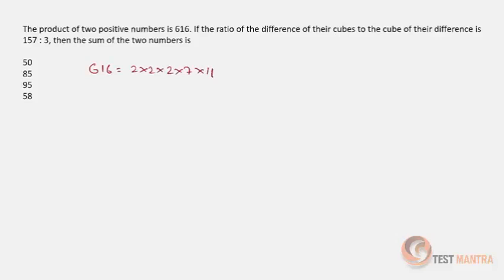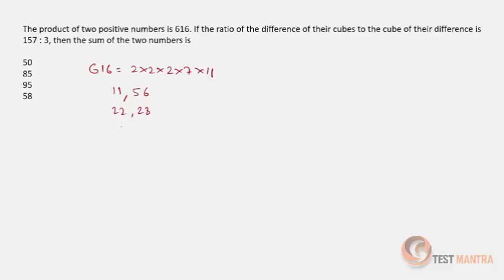So what are the possibilities? Suppose if I'm talking about the possibilities, the numbers can be written as, let's keep these values together, 11 and 56, right? Then I can have 22, 28.